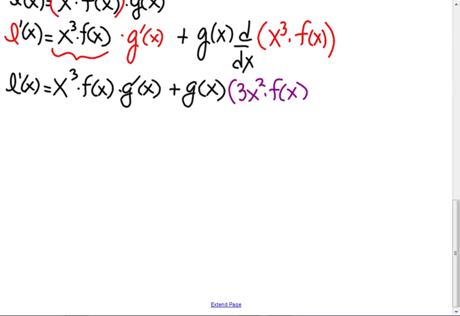You can't take the derivative of x cubed times the derivative of f. I wish you could. It would be so much easier. But you can't. So it's plus, and then we leave the x cubed alone, and we do the derivative of f, because it's the product rule. Just because you don't like it doesn't mean we don't do it.